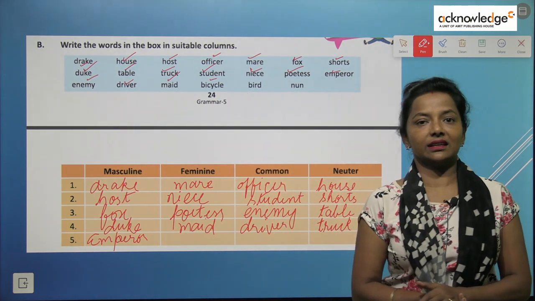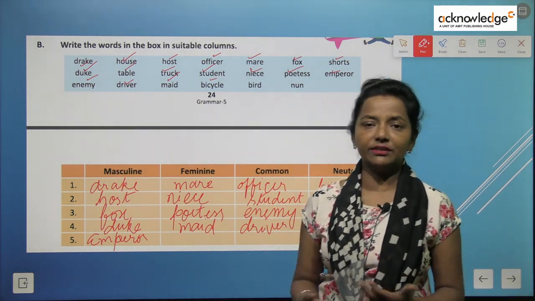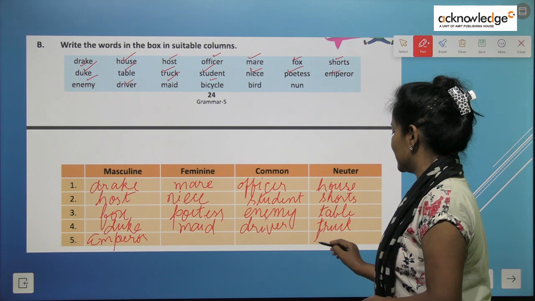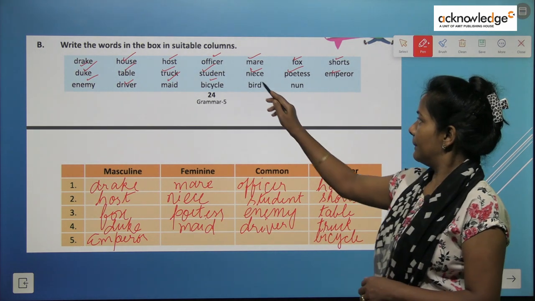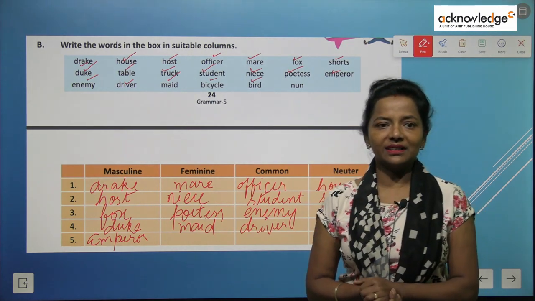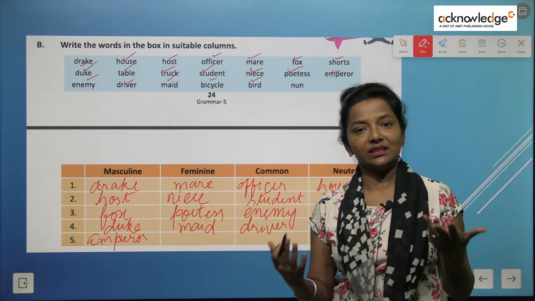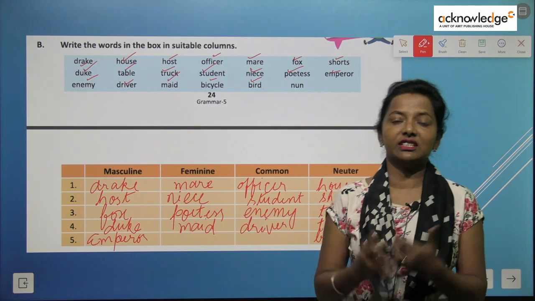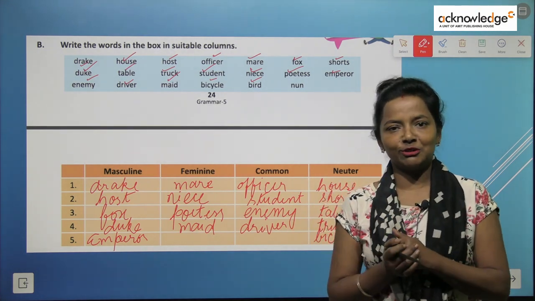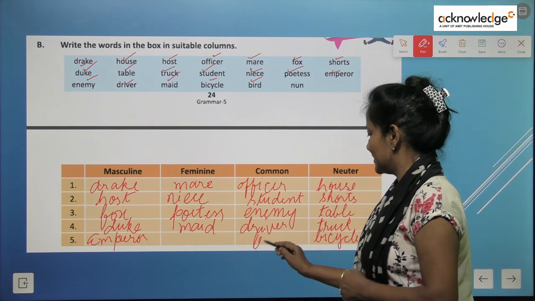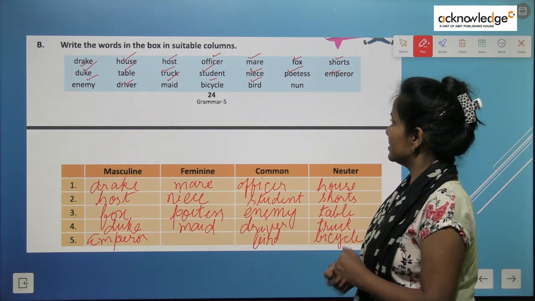Bicycle. Bicycle again doesn't have life. It's a non-living thing. So bicycle is a neuter gender. Bicycle comes under neuter gender. Bird. Bird is also a common gender because birds can be male also and female also. So bird is a common gender.